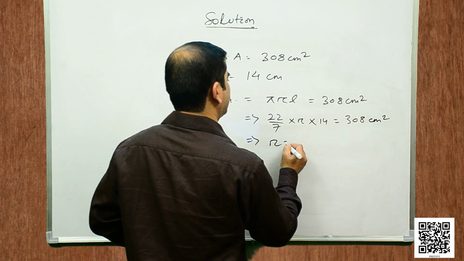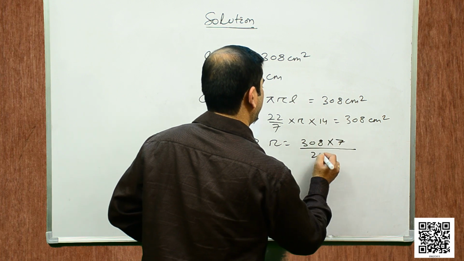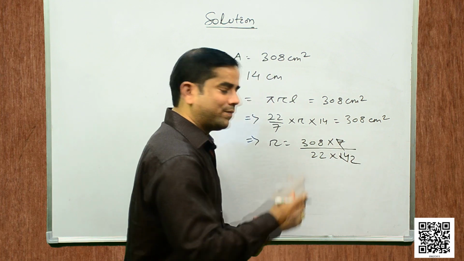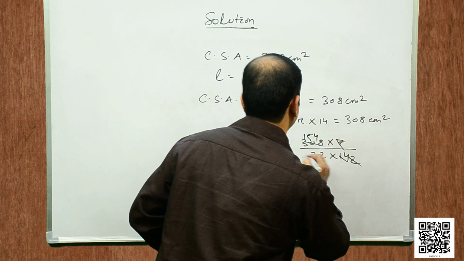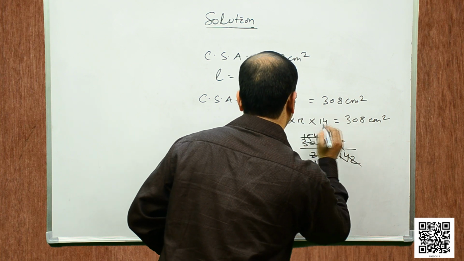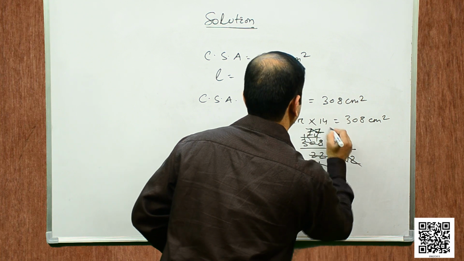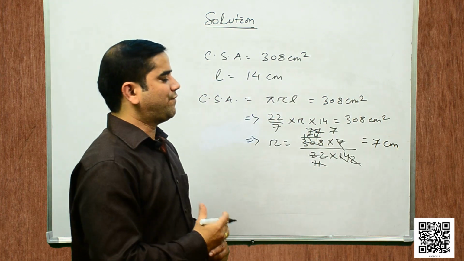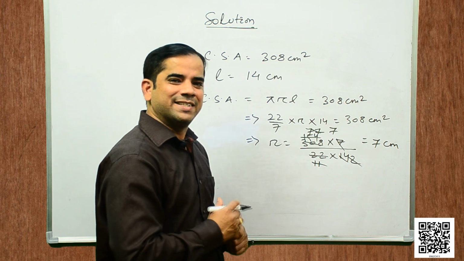That implies r is equal to 308 into 7 divided by 22 into 14. 7 2s are 14, okay. Now, that is 7 centimeter. So, we have found that radius of the cone is 7 centimeter.